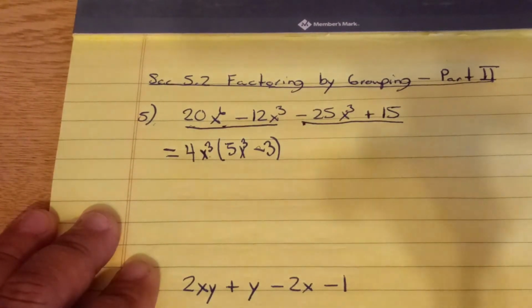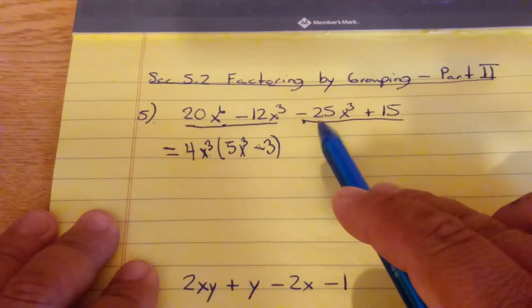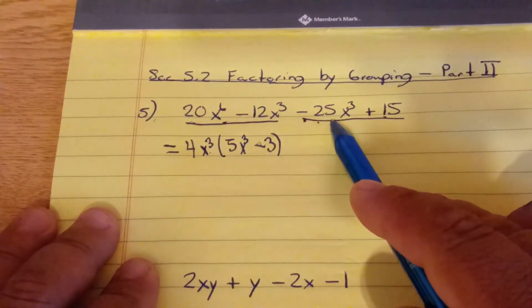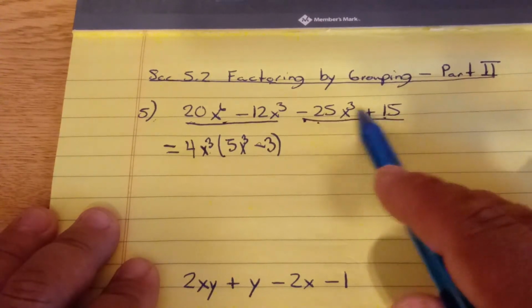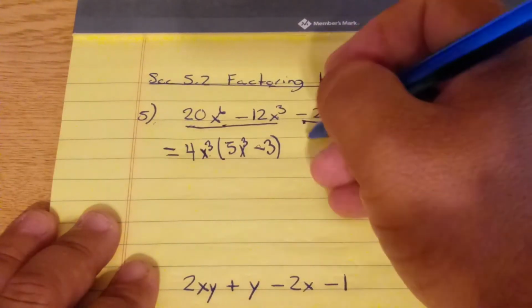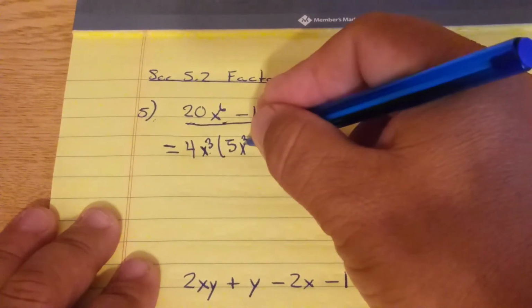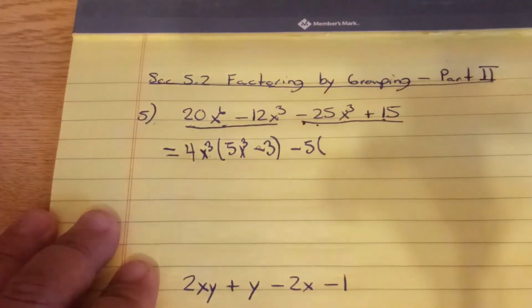And do the same thing for the second pair. In this case, the negative 25 plus the 15, both of them have the 5 in common. You don't have a variable in common, so the only thing that we're going to factor out is the negative 5. And hopefully we end up with the same polynomial as what we had for the first pair.